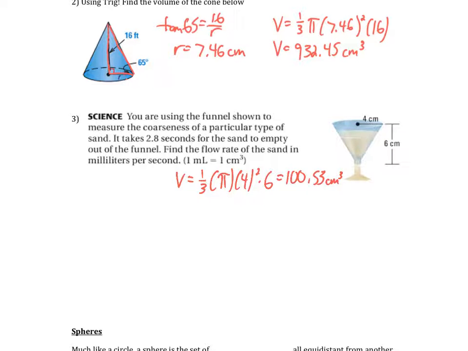That's the volume of the sand in the cone. So if we want to know the flow rate, we're going to do 100.53 over 2.8, and we get 35.90 milliliters per second.